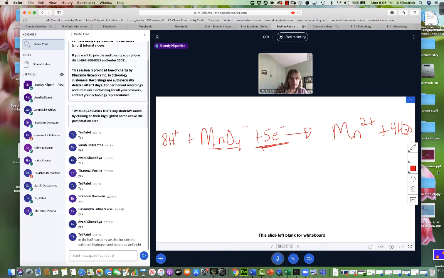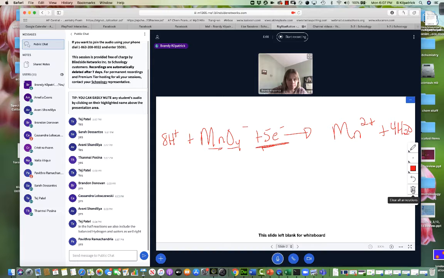Is everybody okay with just doing a regular KSP problem? Like, if I give you the molar solubility of something and I ask for the KSP, can you do that? Or given a KSP, can you find the molar solubility? Because that would be the most basic for KSP.